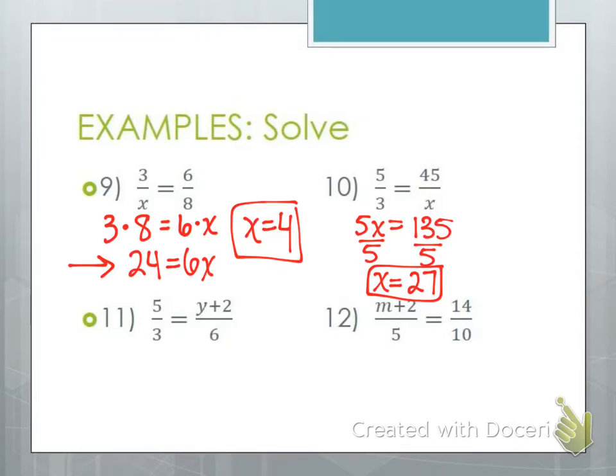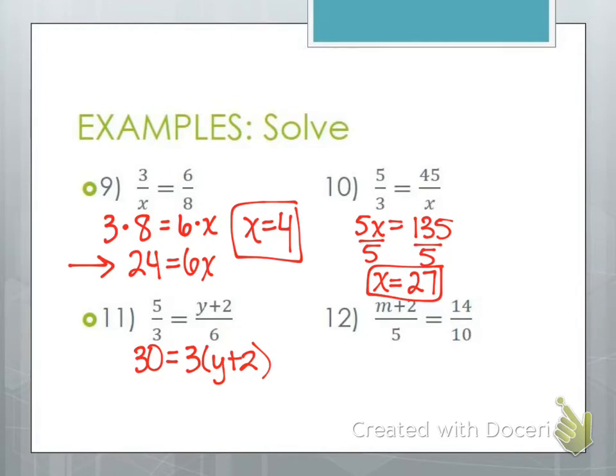All right, number 11, things get just a little bit more interesting. We are going to take 5 and multiply it by 6. That gives us 30. We are taking 3 and multiplying it by y plus 2. So on problems like this, we might show a little bit more work because there's more work to do.